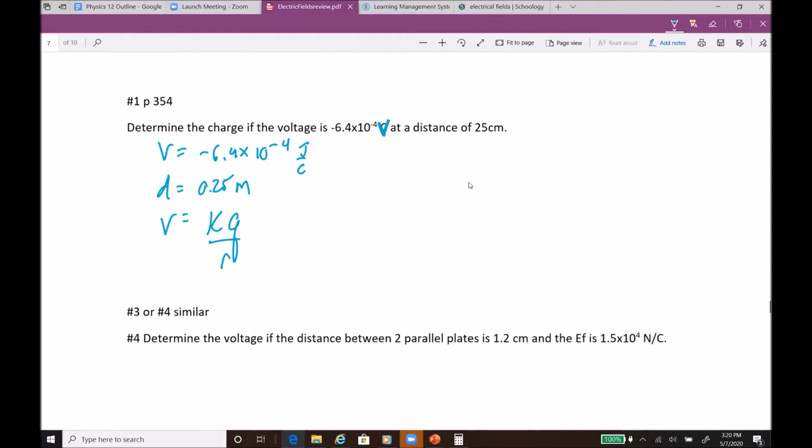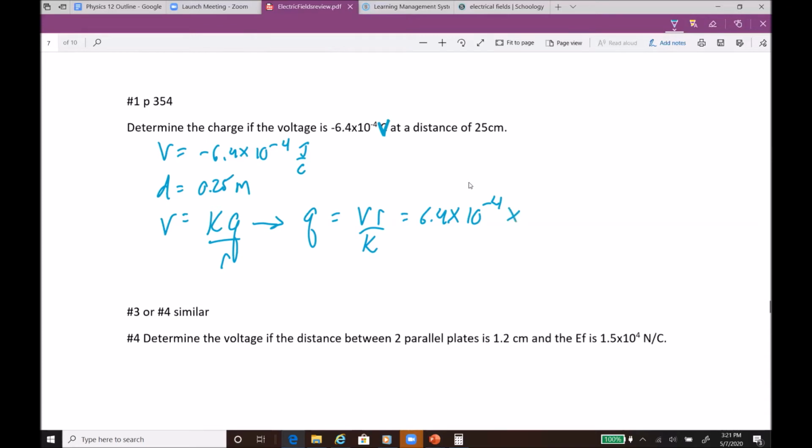So in this case here, we can get the charge. We could rearrange for that and say Q is VR over K. So the voltage would be 6.4 times 10 to the minus 4 joules per coulomb. I'm gonna leave the units out because you're gonna end up with coulombs in the end.